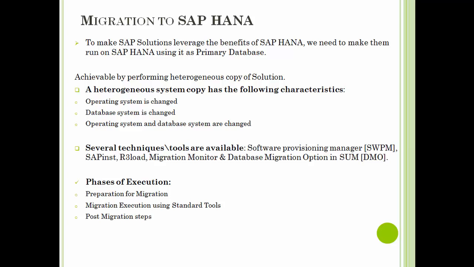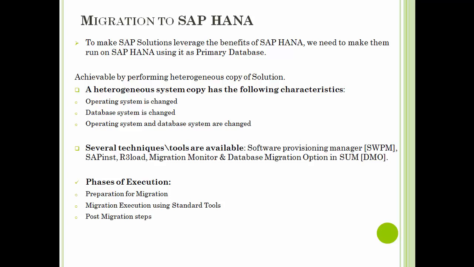So it's a one-shot migration technique available where we don't have to run export and import separately, but in one option we can do both export and import at the same time. We can do Unicode conversion and upgrade.